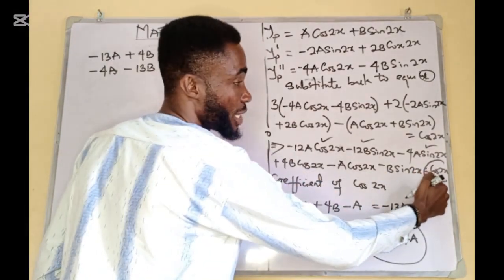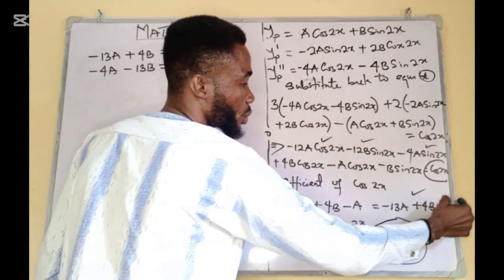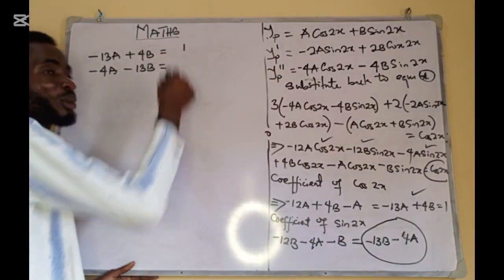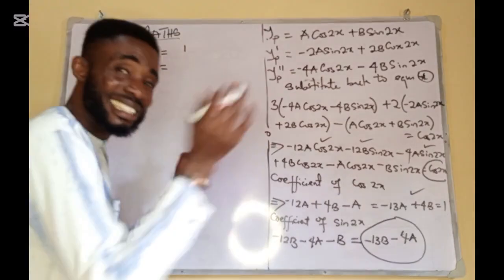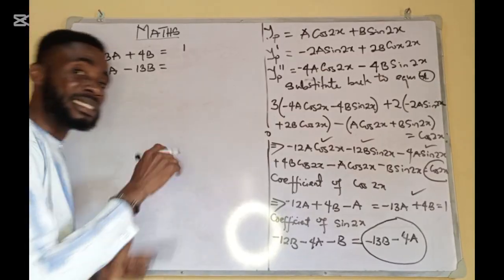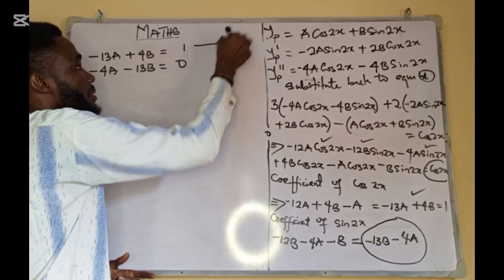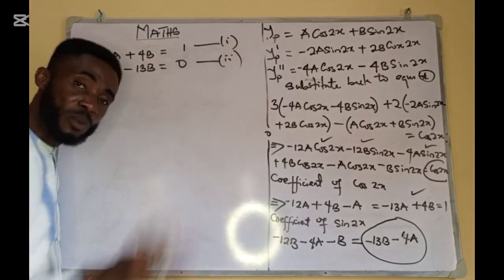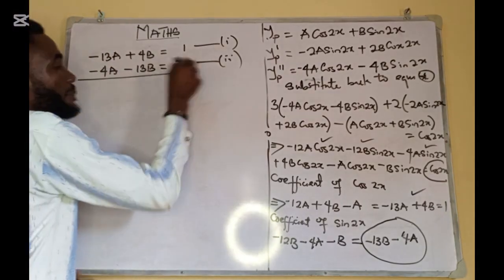We don't have any sine, it's only one cos. So here should be equal to 1. But because we don't have any sine function, this equation here is for sine, so here should be 0. Here becomes equation 1, here becomes equation 2. Are we making sense? Good. So now let's solve for a and b.